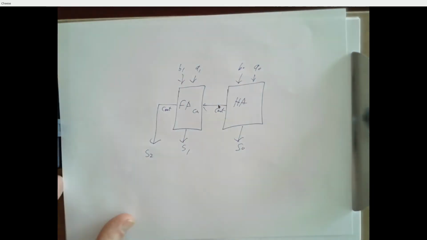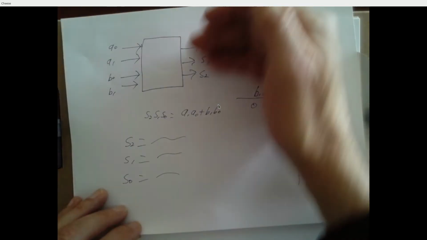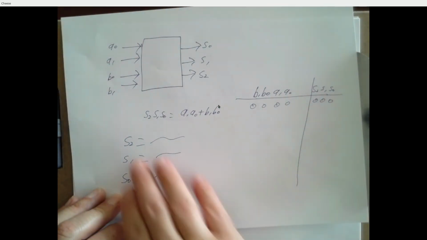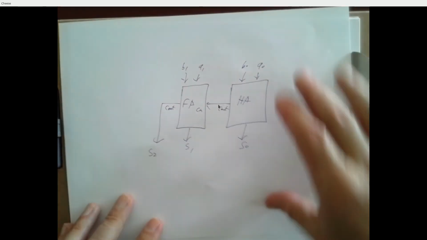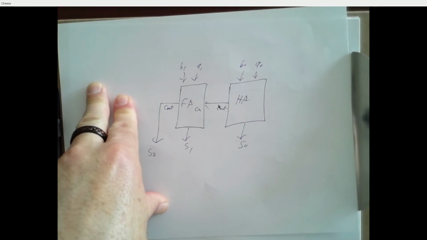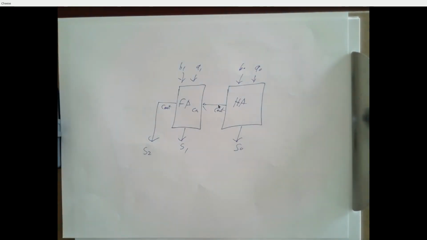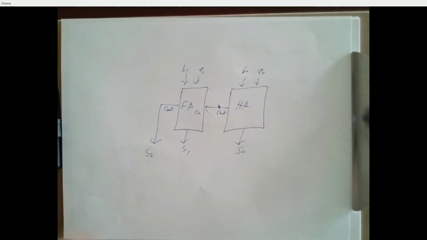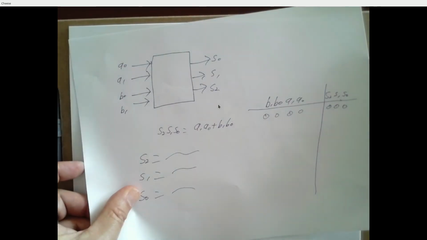Here's what I hope I don't see: all of this stuff, S0 equals big long expression, S1 equals this, S2 equals this, and then a wiring diagram with nothing in between. That's a big gaping hole there. It's like, wait a minute, this circuit has nothing to do with these equations. Where did this circuit come from? So make sure you explain that, make sure you develop it.